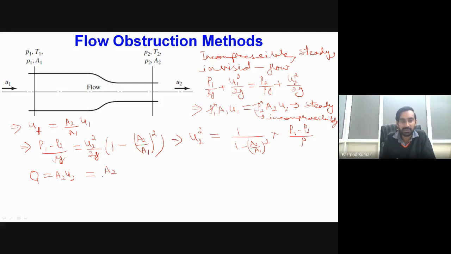If I replace this, I get A2 divided by the square root of 1 minus A2 divided by A1 whole square, multiplied by the square root of P1 minus P2 divided by rho. This is the theoretical value of the flow rate, considering a steady flow situation, incompressible fluid, and inviscid flow.